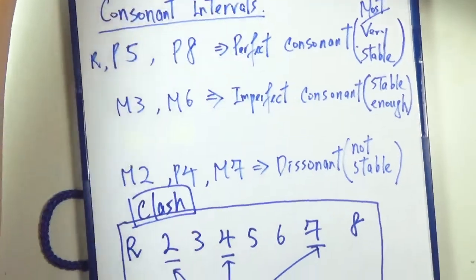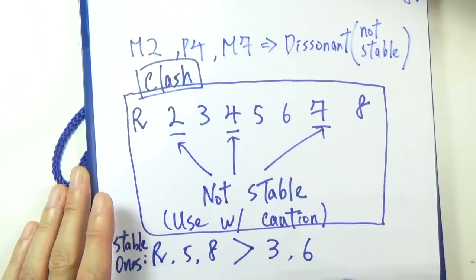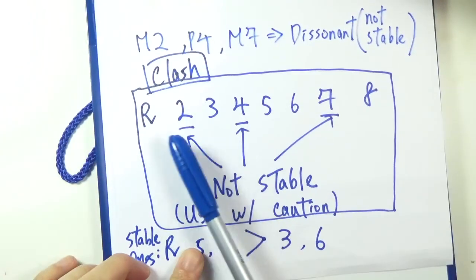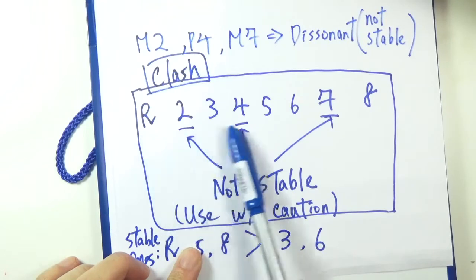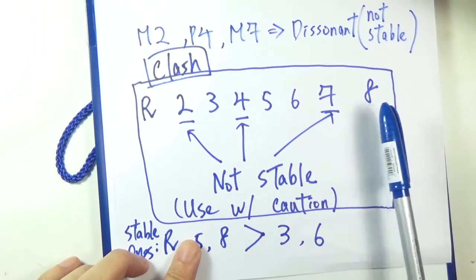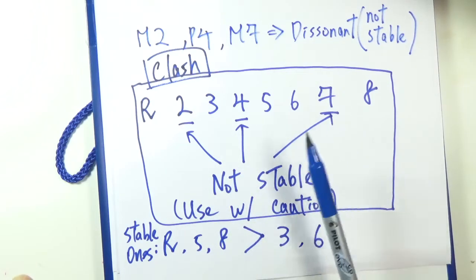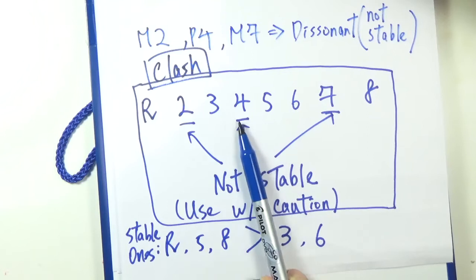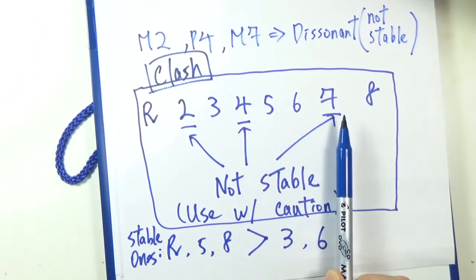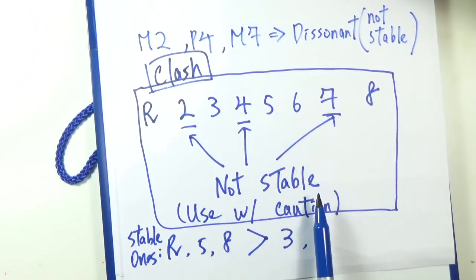So let's do a quick recap. You can write out your major scale with interval numbers, and then point out the not so stable tones: the major second, the perfect fourth, and the major seventh. They are not stable.